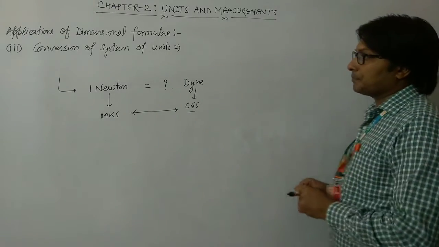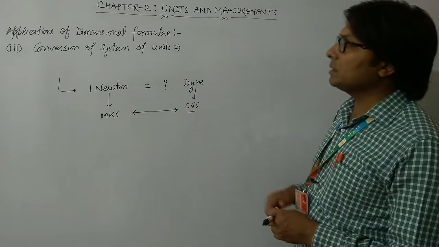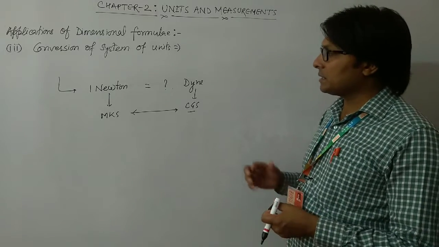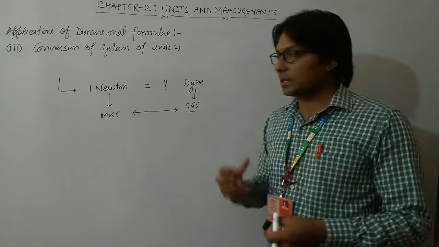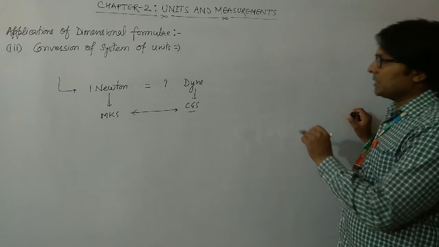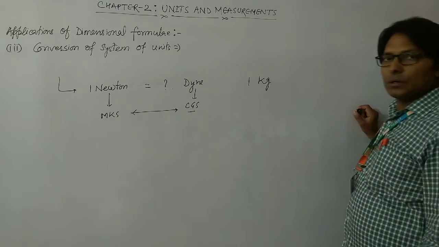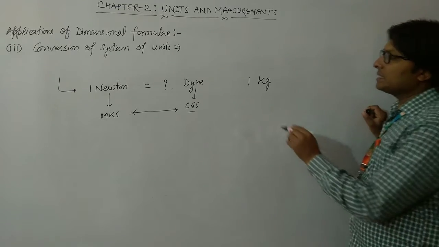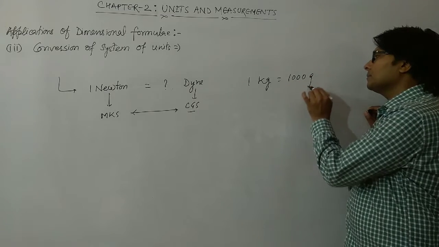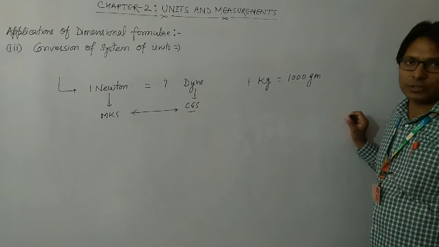Before going on to the actual formula of conversion, first I would like to introduce how that formula can be derived. If I say I have a weight equal to 1 kg, can I write this as equal to 1000 gram? You will say definitely 1 kg is equal to 1000 gram.